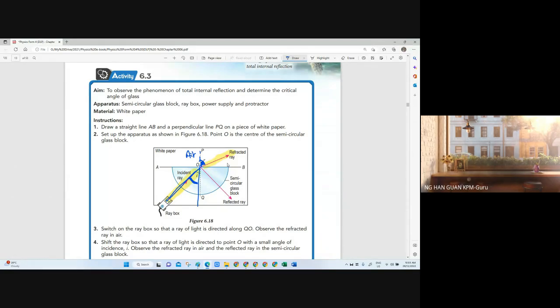Okay. Then what happens here? What happens on the borderline before the light enters from the air into the glass block? That is the reason we use a semicircular glass. So come back to the concept that we learned in 6.1 before. Let's say this is a borderline between the two media. Here is air, here is glass.